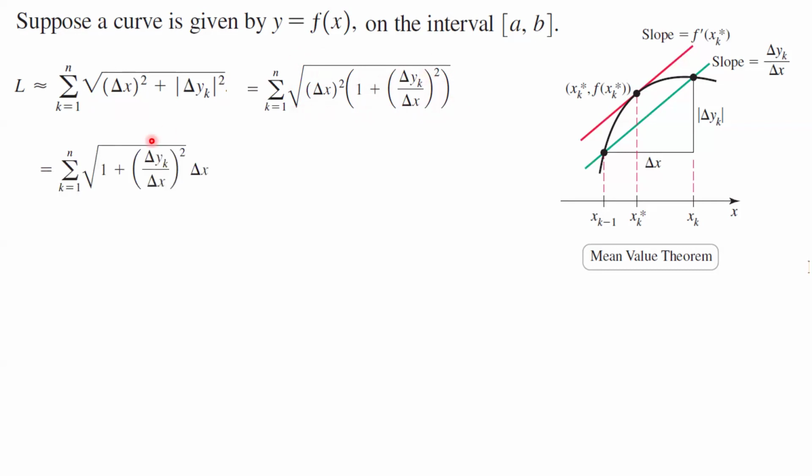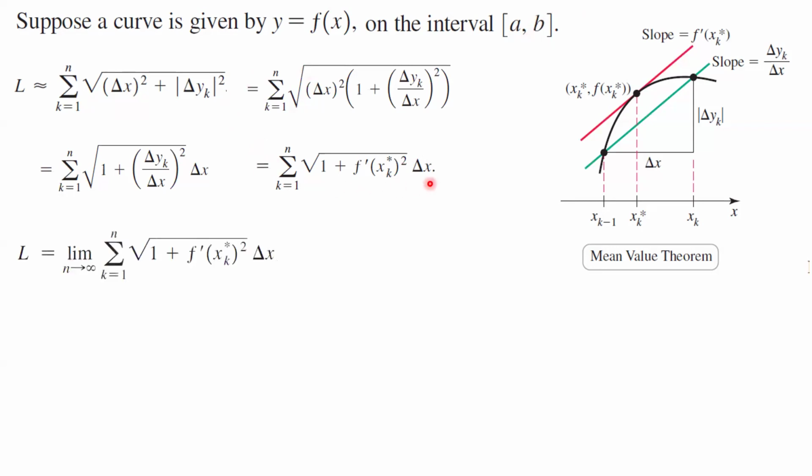In turn, it becomes the summation of the square root of 1 plus delta y_k divided by delta x to the second, and then you can write delta x outside the radical without the power 2. Remember that delta y_k divided by delta x is nothing but the derivative of f at the given point in the closed interval. And this is basically the mean value theorem.